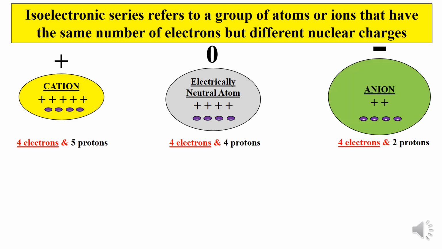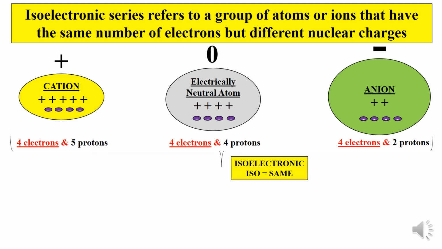We have an anion with 4 electrons and 2 protons. Now these three belong to the isoelectronic series. Why is that? So iso means same. So isoelectronic means these three ions have the same number of electrons.